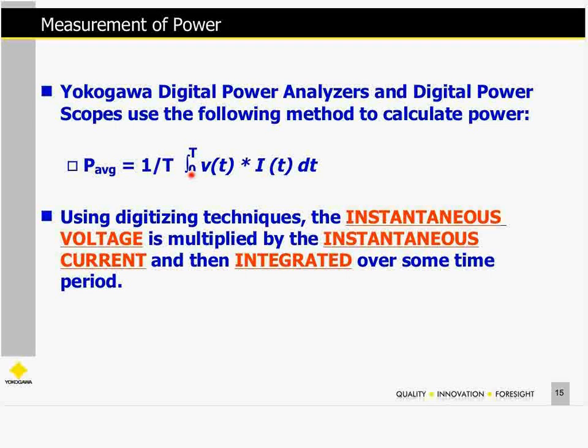We accumulate them over some time period, then integrate that value and multiply by 1 over T to get the true power. So this is a true power measurement, regardless of what type of waveform you have, whether it be a sine wave or any type of distorted waveform. Since we're digitizing that waveform, taking those instantaneous values, multiplying them together, and then integrating over time, we get a true power measurement.